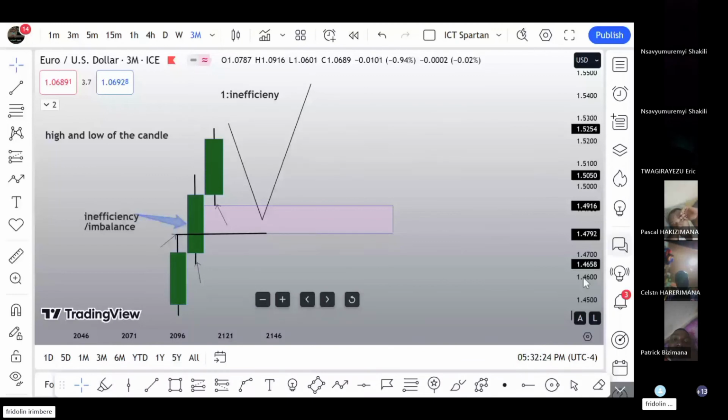Nuko dufite abantu ko bashiramo order zabo, bashiramo kuri aya ma level. Haraza kubaho level iza kugenda itabaye filled, price itayigarutseho, because of what? There are some pending order just here. Hano niho ama institution bashira order zabo.